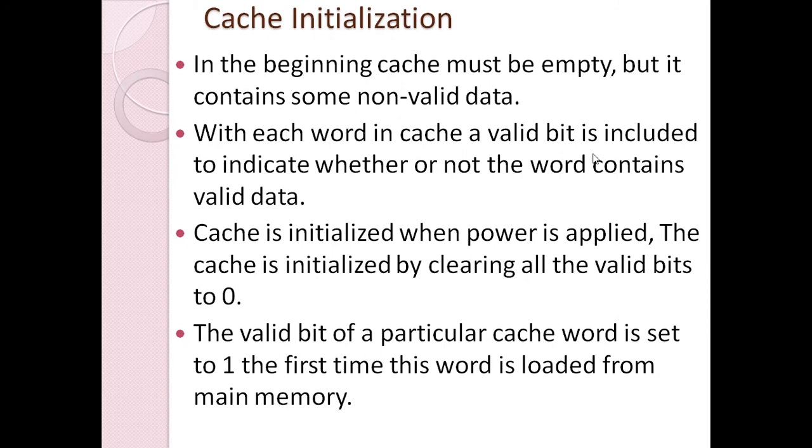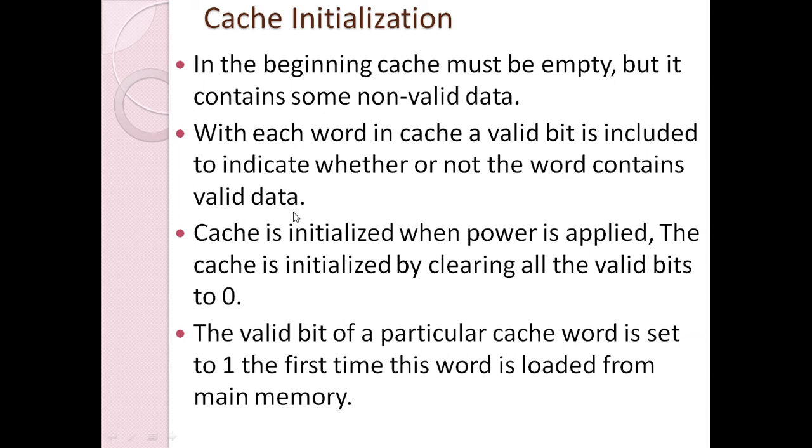Now there is one more discussion, cache initialization. When we start our program execution or our computer, the cache is initially empty, but it always contains some invalid or garbage data. So we need some initialization process. With each word in cache, a valid bit is included that indicates whether or not the word contains valid data.